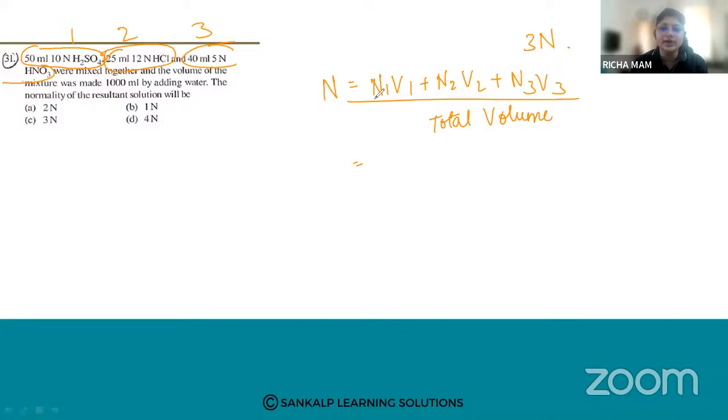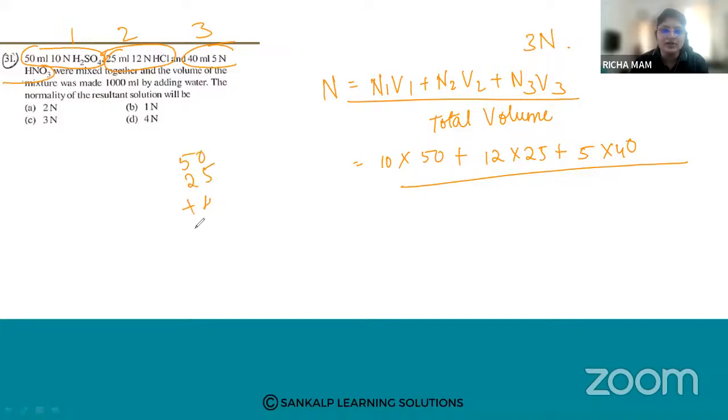N1 is 10 normal into 50, then 12 normal into 25, plus 5 normal into 40, divided by the total volume, 50 plus 25 plus 40.